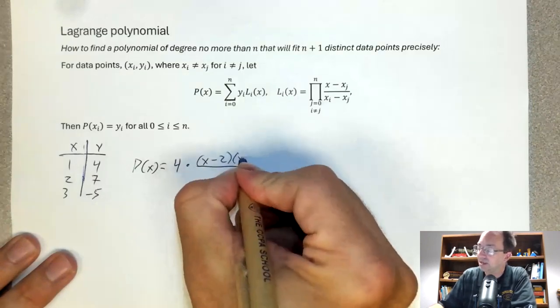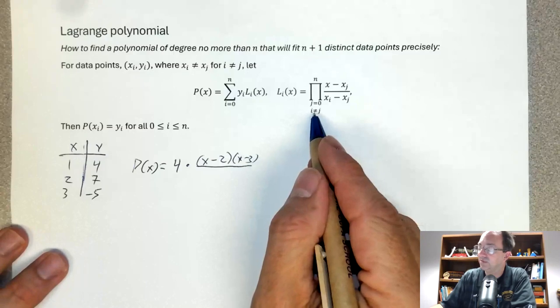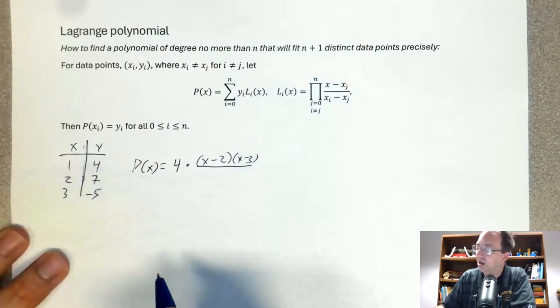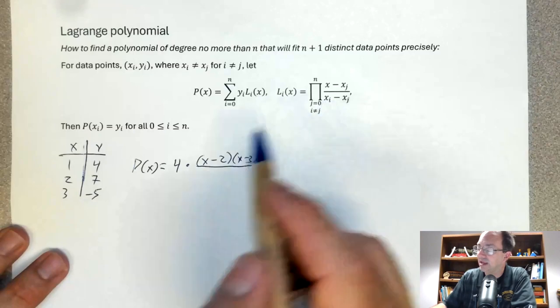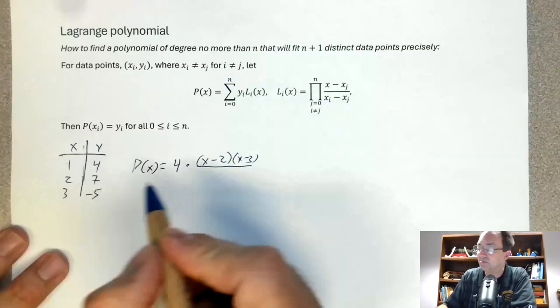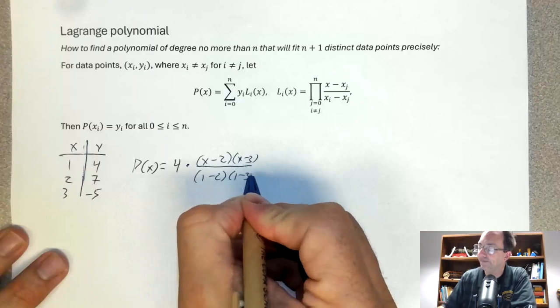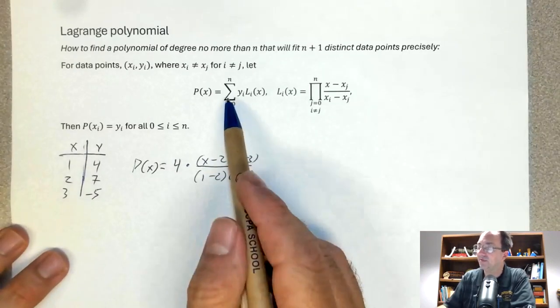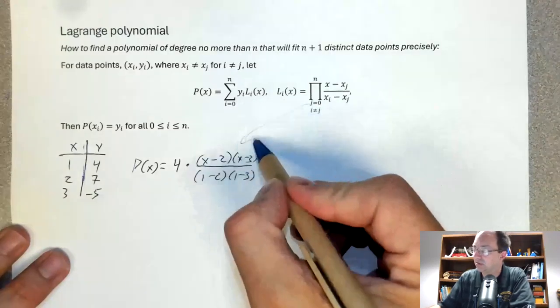So x minus 2 and x minus 3. Because notice we've eliminated the first point. And then the denominator is the same thing, but now we're plugging in the x value we skipped for x. So that would be 1 minus 2 and 1 minus 3. So that is the first term of this polynomial where we put this product right here.